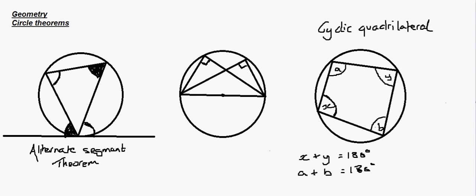Now I know that's quite a lot to remember. You've got 6 circle theorems to remember, but they're quite simple. I believe that they're quite simple. So what I'll do is I'll pause and I'll pose a question which involves all of this.